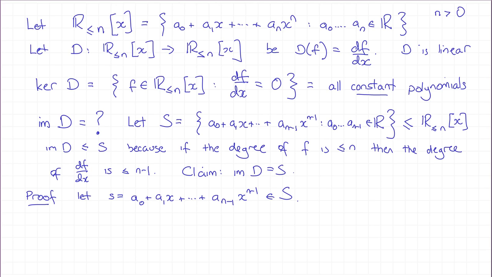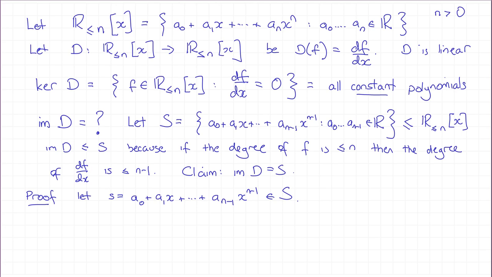Now I want to find something which D sends to s. So I need a polynomial whose derivative is s. And also I need that polynomial to be in the codomain of our linear map D. So I need it to be a polynomial of degree at most n.